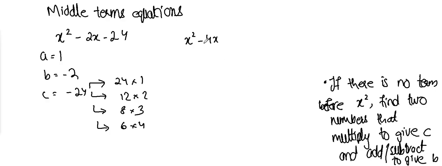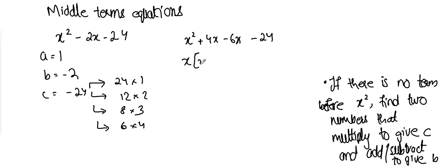Yeah, we can write it as plus 4x minus 6x, because plus 4 minus 6 gives us minus 2, minus 24.